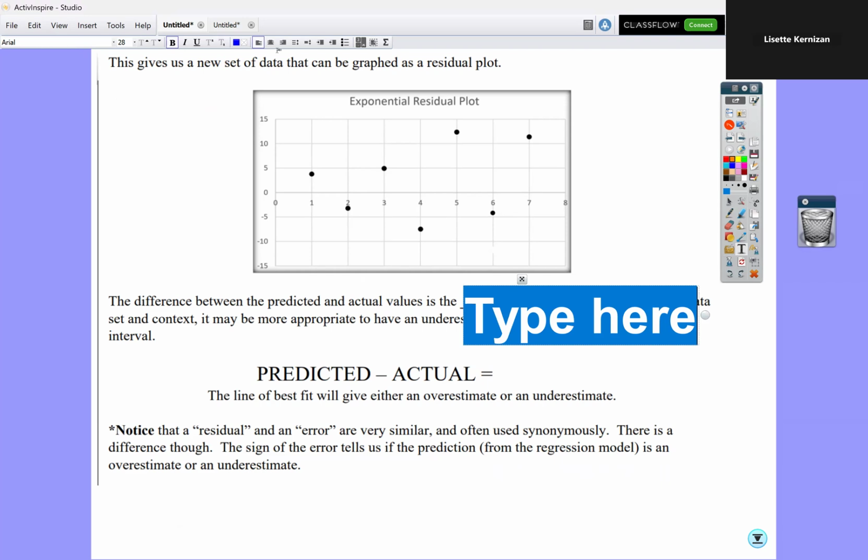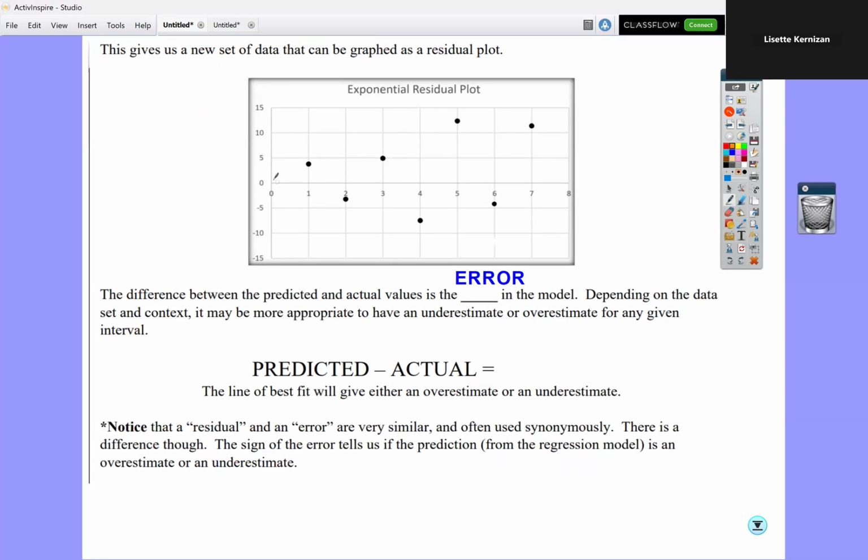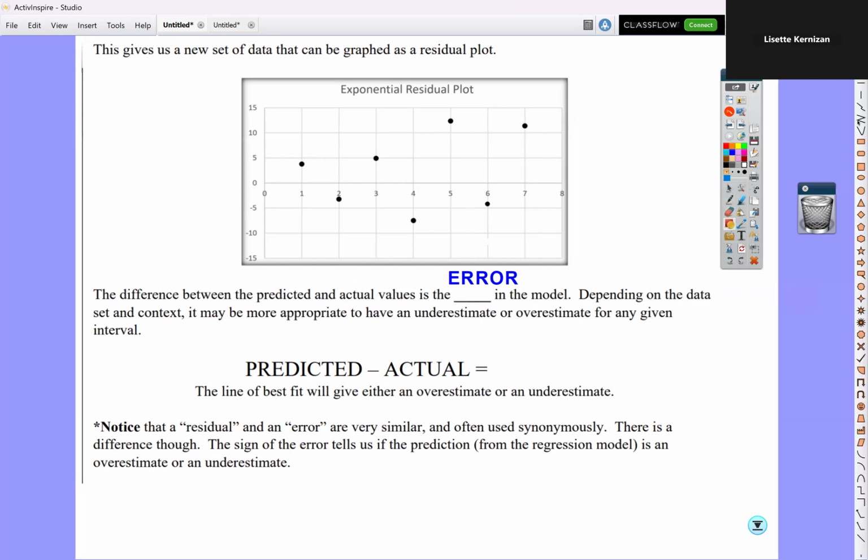Let me make this smaller. The difference between the predicted and actual values is what we call an error. And if you're looking at this data set, this is your best fit line. Let me make a better line. I'm just going to use the line tool so that it looks better.